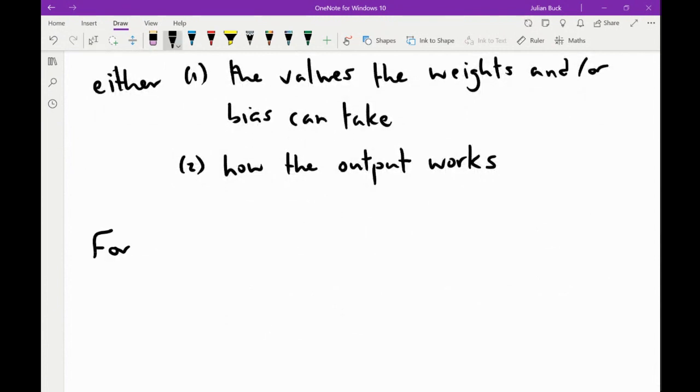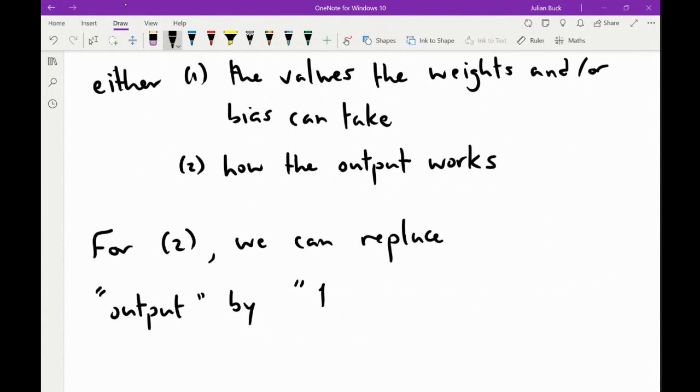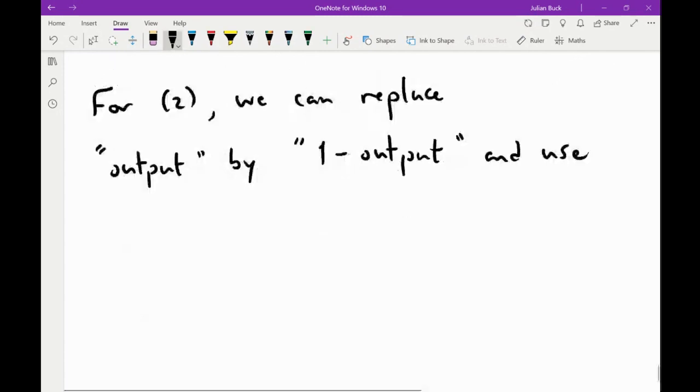For option 2, we can replace what we've been calling output by 1 minus output, and then use the same perceptron structure as above.